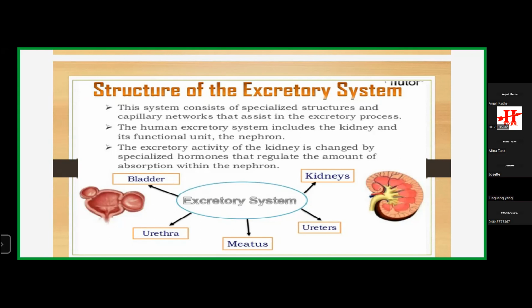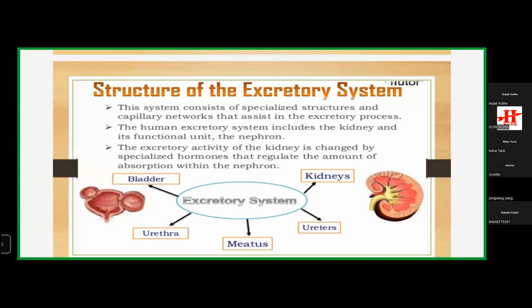Because when you notice the right side, most of the space is occupied by the liver. So the right kidney lies somewhat lower than the left one. Clear?